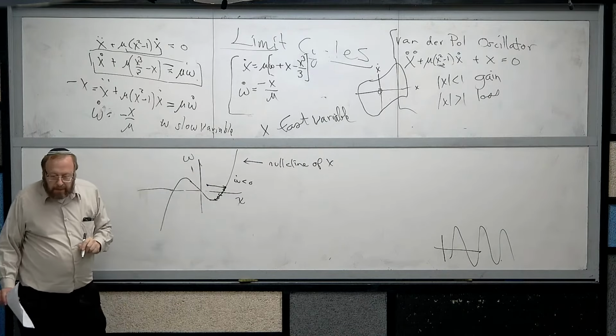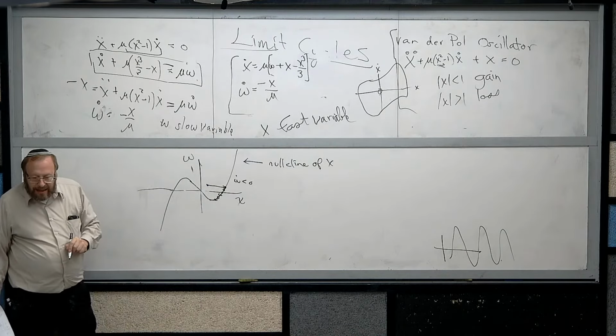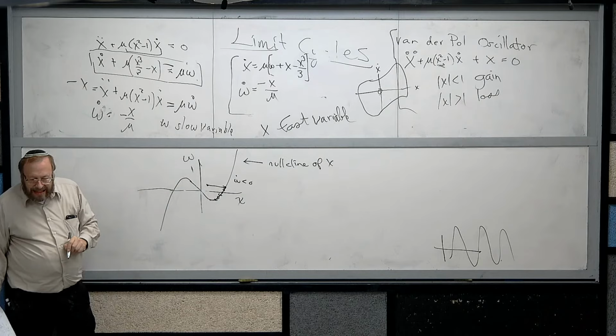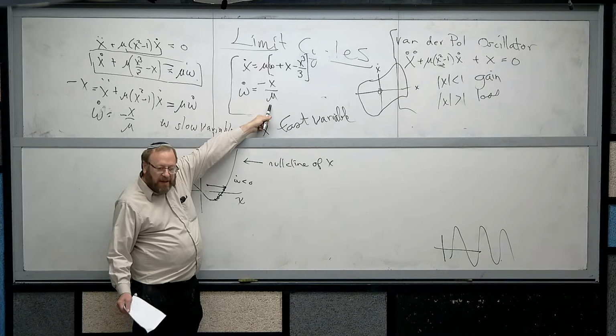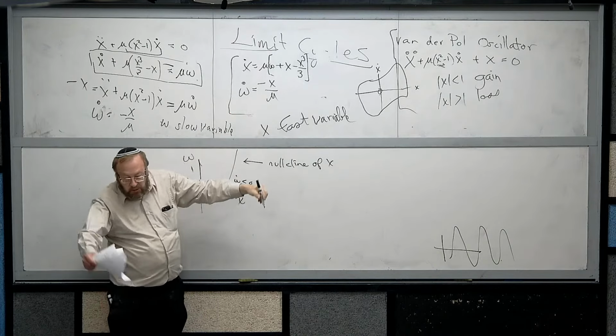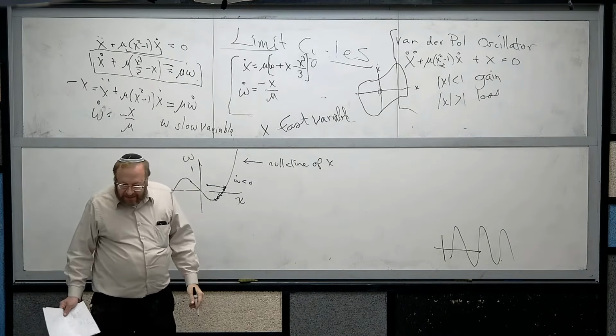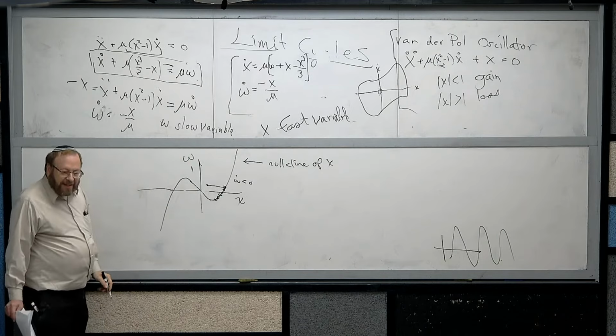Why does it go in a straight line there? There is an angle, but it's 1 over mu, small, and mu is 1,000,000, so therefore it's essentially flat.